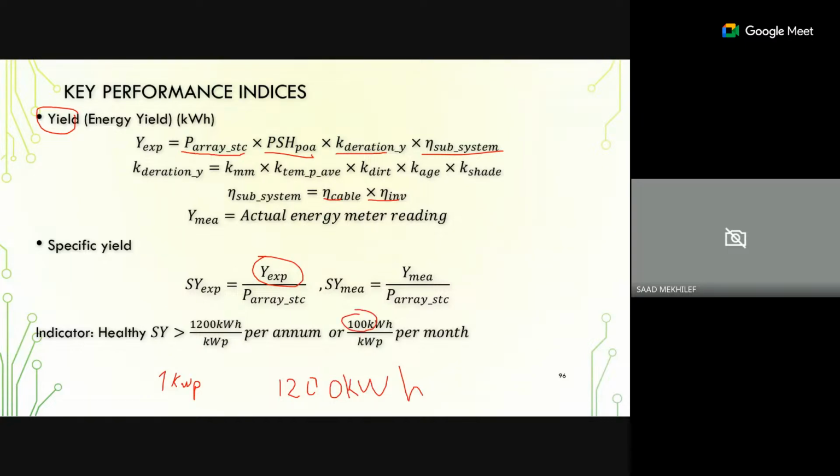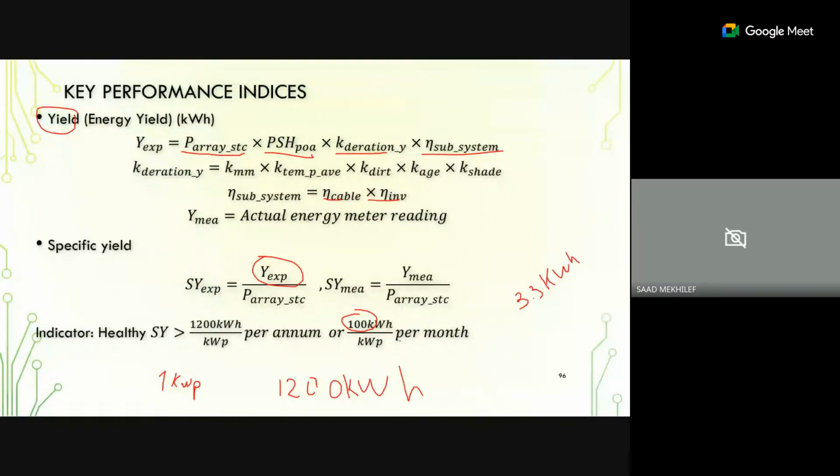So if, for example, you have 30 days, then we divide this by 30. If we divide 100 by 30, we get around 3.3 kilowatt hour.